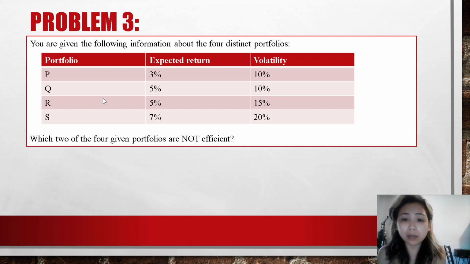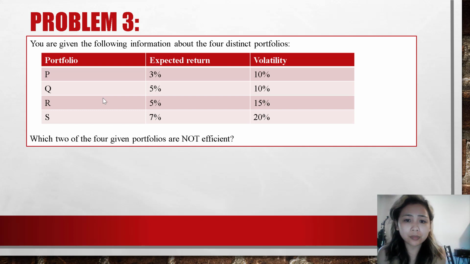But here we don't have the diagram, so I want to introduce another way of thinking. You can think that efficient means good, and investors expect high return and low risk. That means they want high expected return and low volatility. So we are going to compare these and eliminate the portfolios that are not efficient.